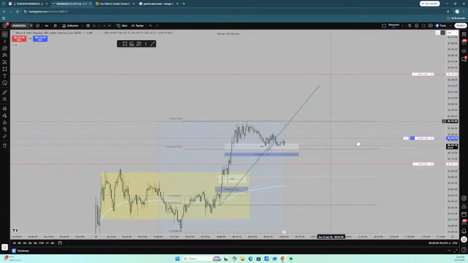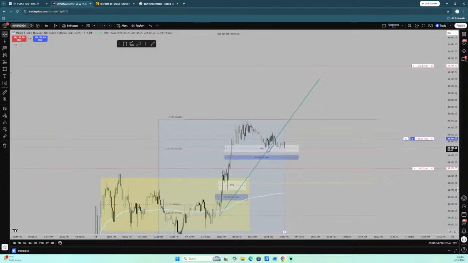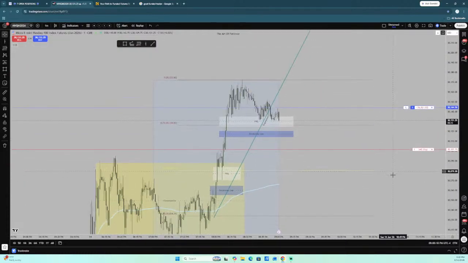So if I get stopped out... I know it's pretty much the same thing, but at the same time, the market tends to trade a little bit different in the Asia session. So you just have to get used to what price does, and over time with experience, you should be able to see how it plays out differently in each session.